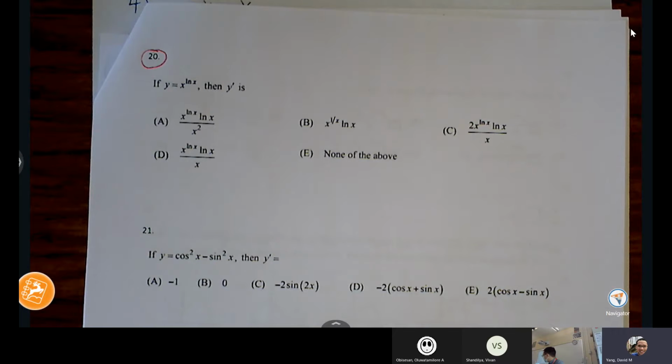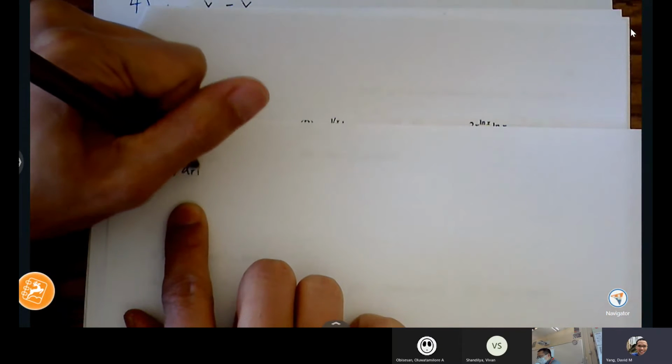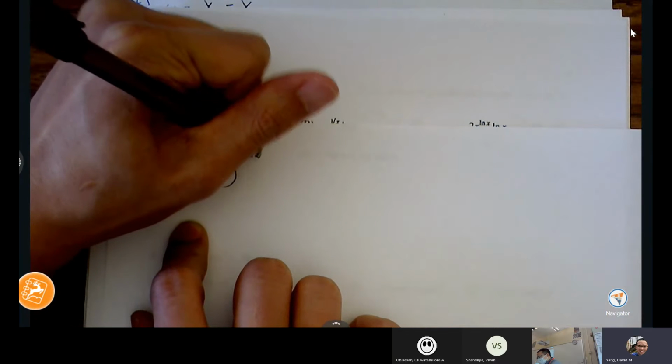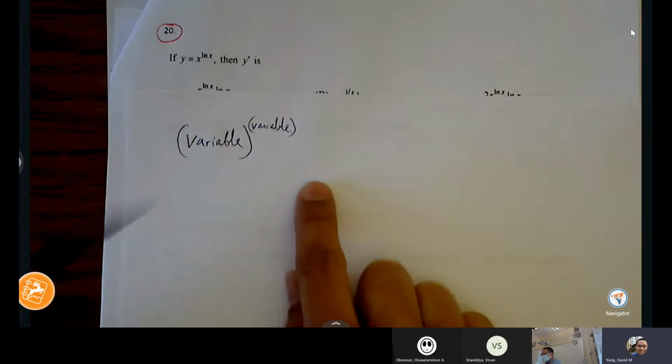Okay, so look at how this is set up here. This is a variable raised to a variable. So how do we handle a variable raised to a variable? Do you guys remember? It's not power rule, it's not chain rule, it's not a to the u. There's a very specific method of handling these types of problems. Okay, and that method is log differentiation.